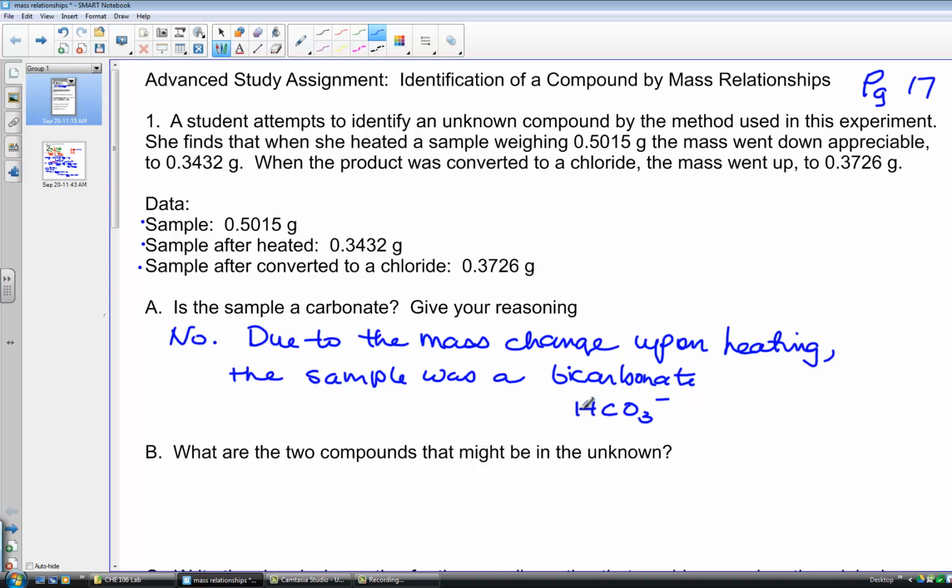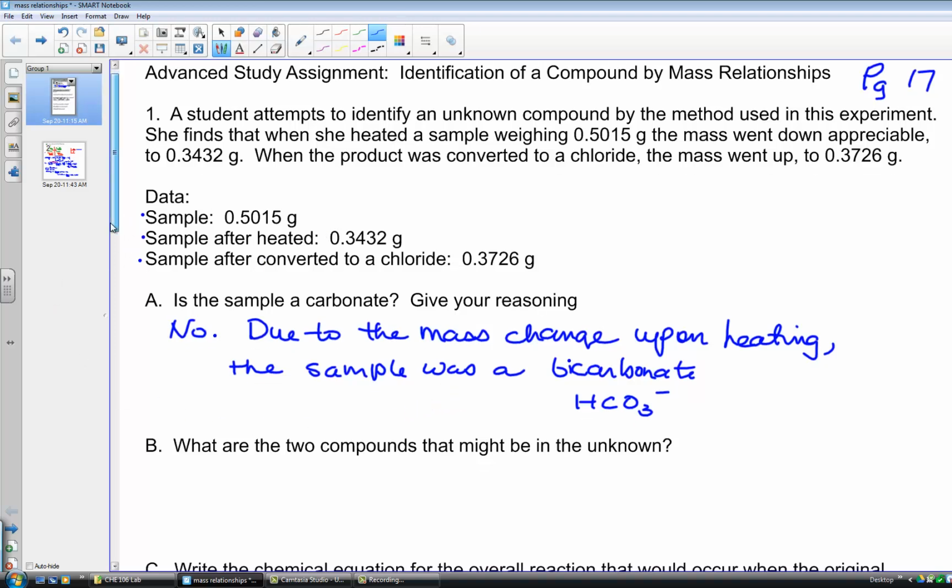So I know with confidence, because it lost weight upon the first heating, it's a bicarbonate polyatomic ion. Just to clarify, if I start and end in this very first heating process and the mass does not appreciably change, we knew it to be a carbonate. Since it did change, it must have been a bicarbonate.